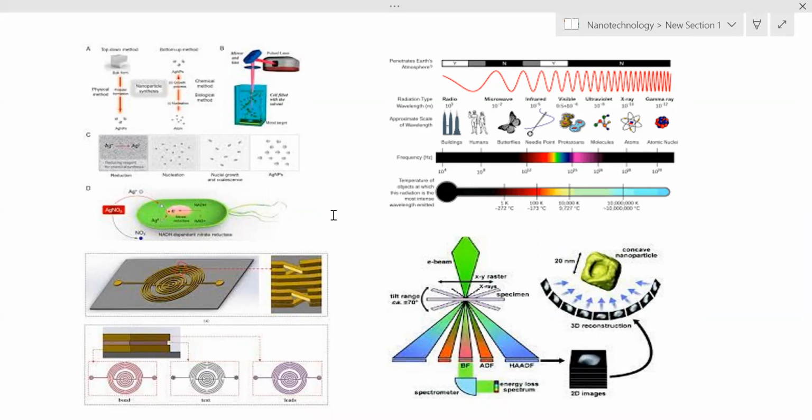Without this technology to characterize, when we design a nanomaterial, if we are unable to find its properties, then it's not going to help or serve. So it is also equally important to develop tools that will be able to characterize the properties of nanomaterials.